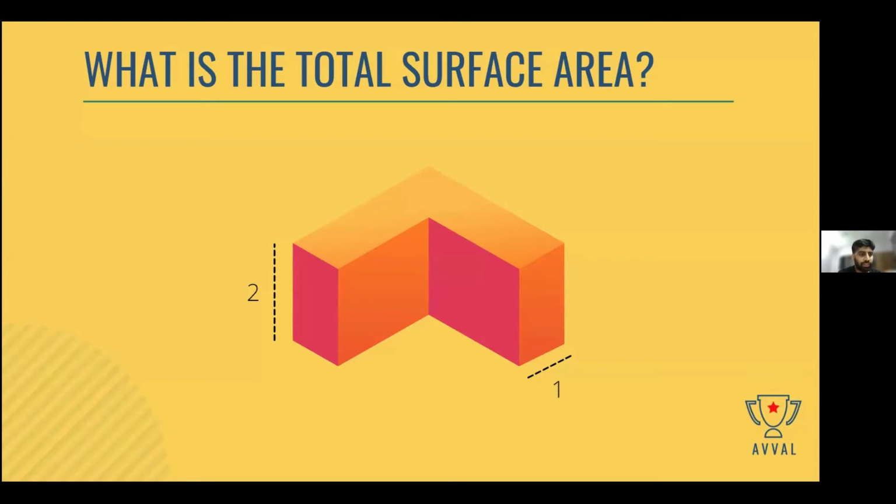Okay, and Kaushal says, please explain surface area. Okay, so Kaushal, I'm going to do this one last time, and then if you have any questions, Kaushal, you can reach out to us separately. So in this figure, the question is to calculate the total surface area, and the total surface area is, think about all the area that you can see here in the front, this rectangle, this square, the L shape at the top.